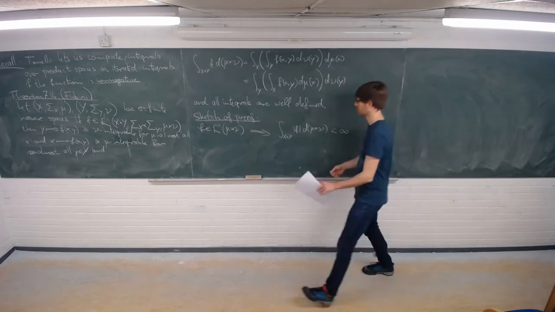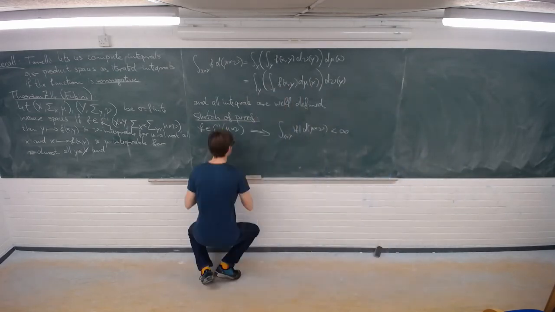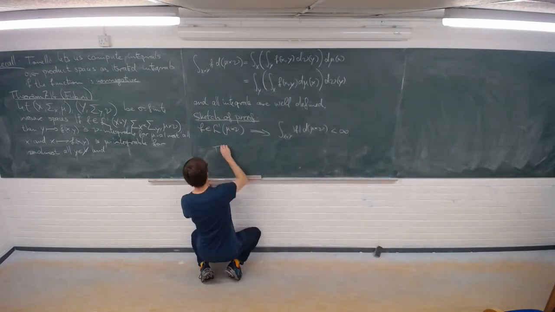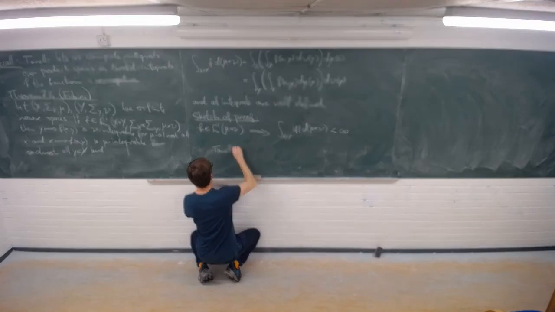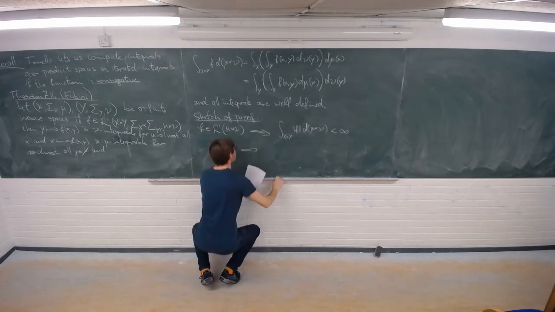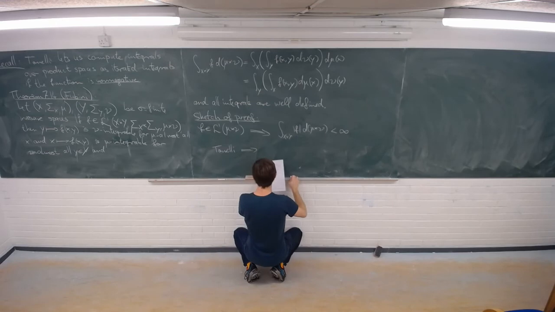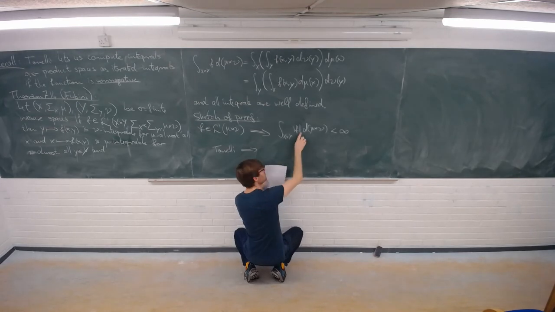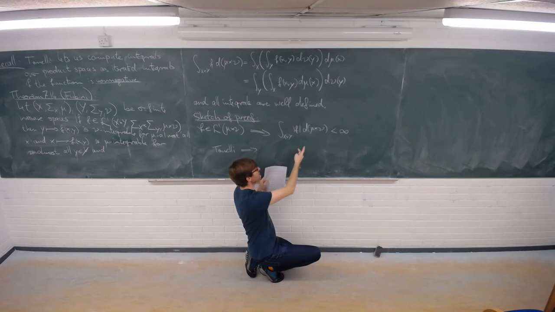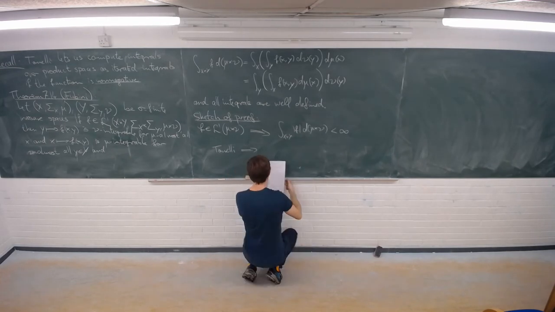Now the absolute value of f is a non-negative function, so we can apply Tonelli, right? So by Tonelli, this integral is equal to the iterated integral, first with respect to mu and then with respect to nu, or the other way around, doesn't matter.